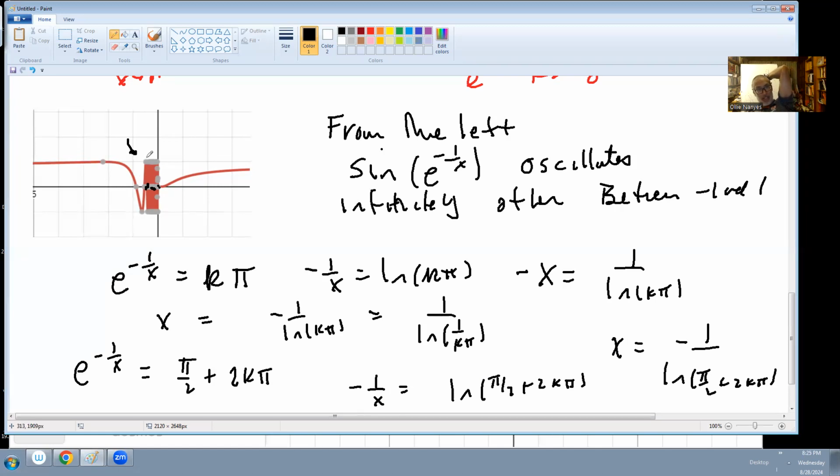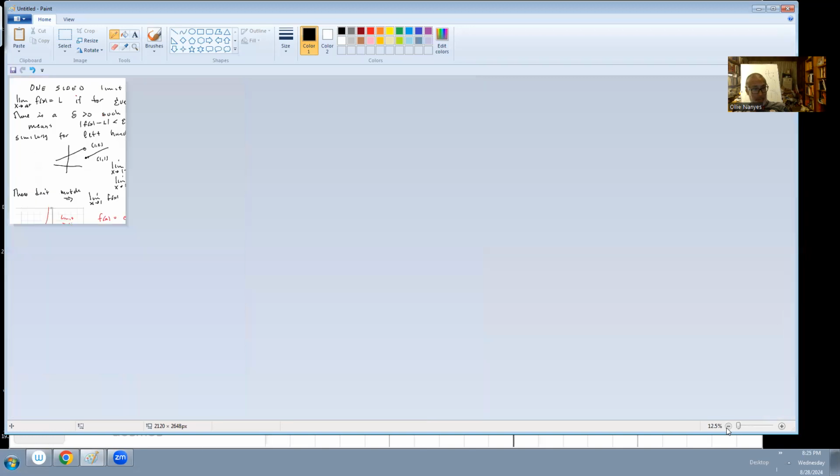And as k goes to infinity, these numbers get arbitrarily close to 0 from the left. So we see this is sine 1 over x kind of behavior on the left-hand side. So we see these things bunching up as expected, right? But there's more.